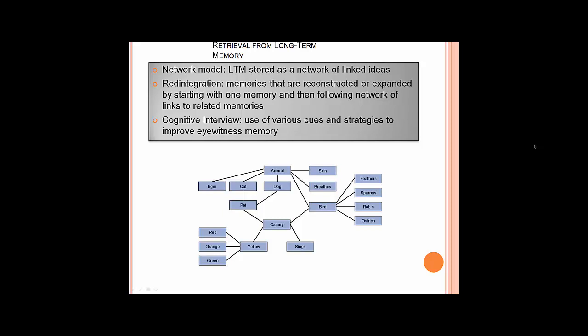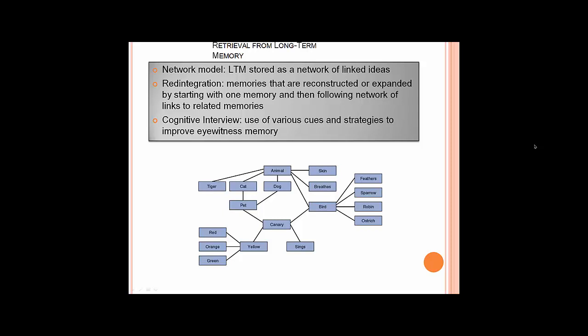What we call a cognitive interview is the use of various cues and strategies to improve eyewitness memory. And we're walking on eggshells when we do something like this, because if you use cues and strategies to improve someone else's memory, it's therefore easy for you to cause them to remember in the way you want them to remember.